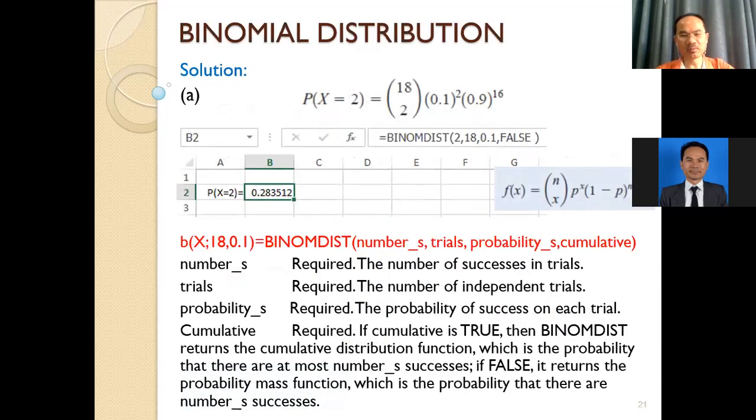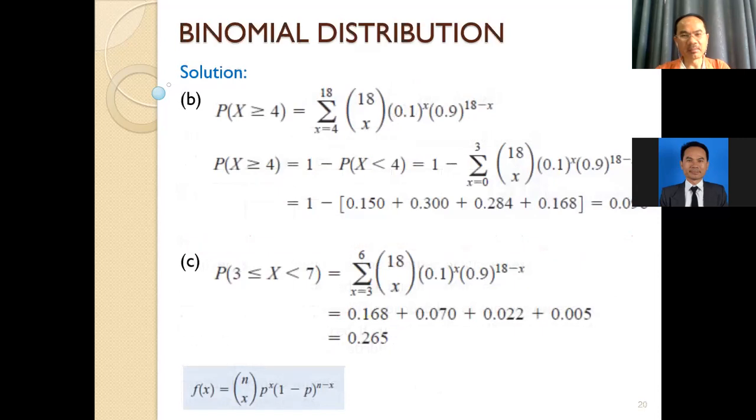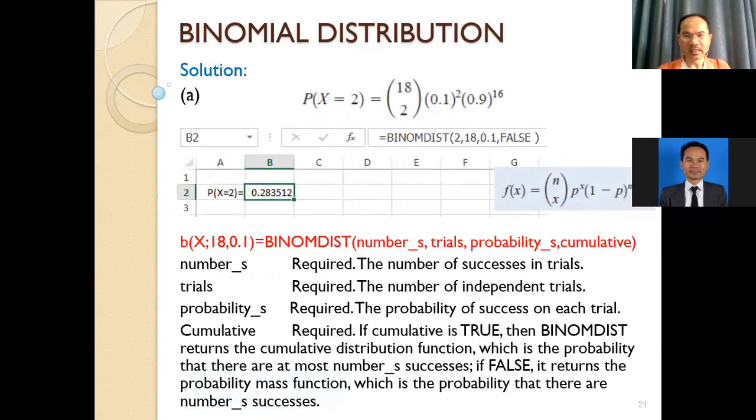For this case, if you calculate by hand or by calculator, it is difficult if the data is large, so you can use Excel. Excel can help you. You can use the Excel built-in binomial distribution function.